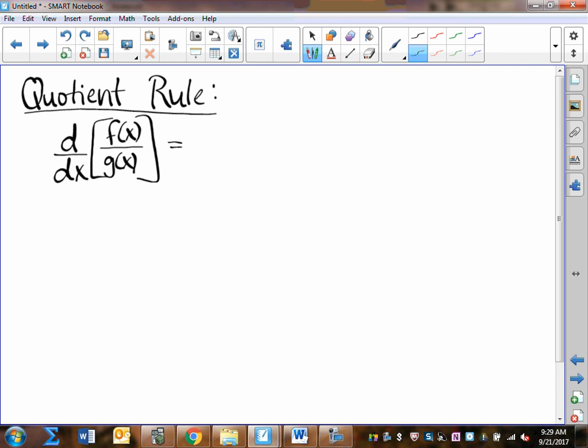For this, you want to start off in your denominator. So we take the bottom, leave it alone, and multiply it by the derivative of the top. So if you would, second stays the same, derivative of the first. And then it's minus.